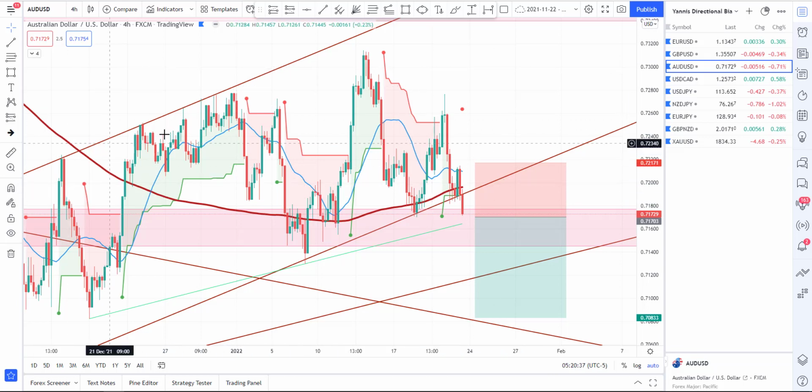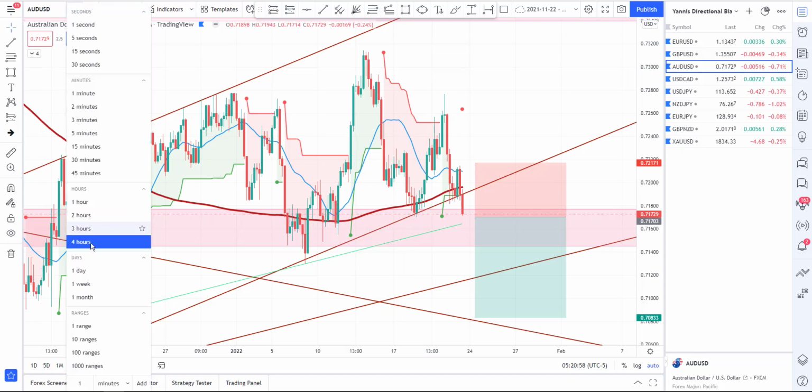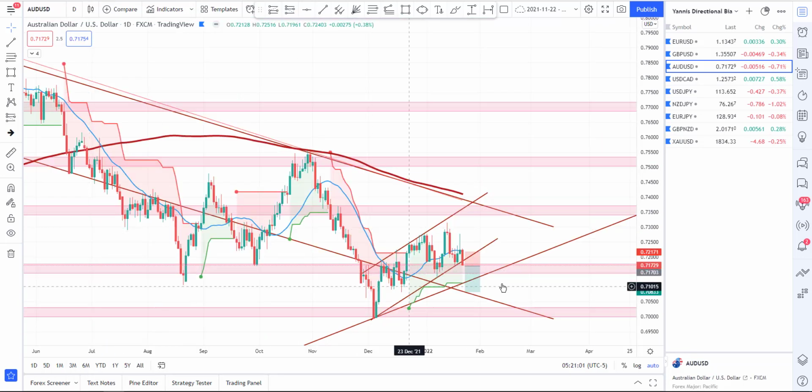As you can see here on the 4 hour, and this is why I have that awareness for the Aussie dollar, it's because we are making higher lows and we are making higher highs on the trading time frame. So that kind of goes against the general and the most important daily trend.